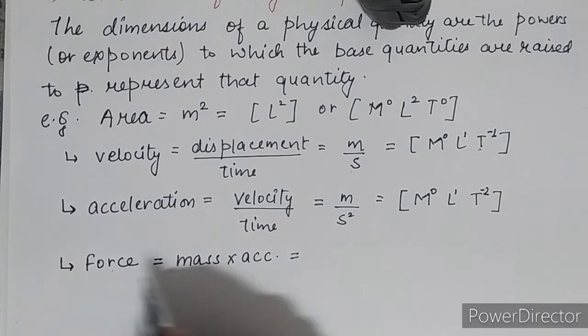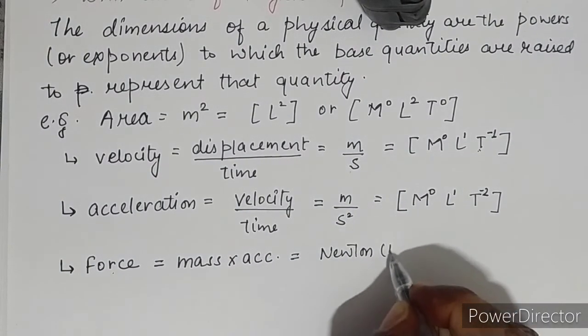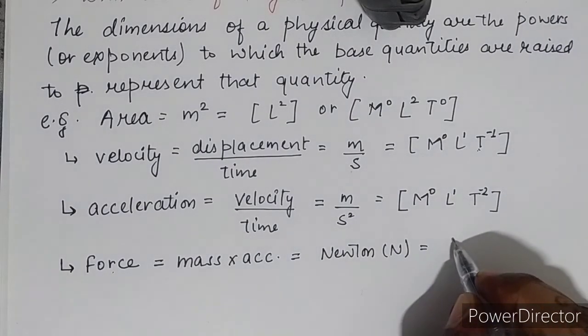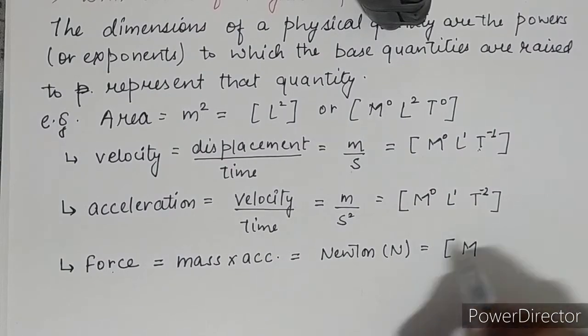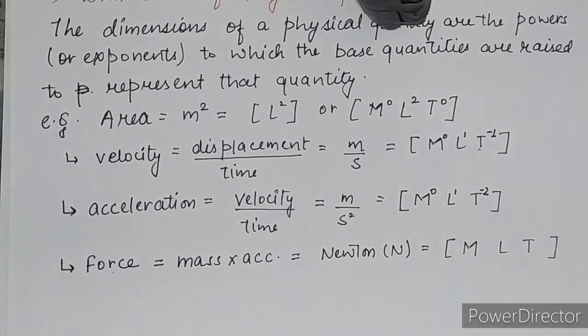Now we know that the SI unit of force is Newton, denoted by capital N. If I just tell you the SI unit Newton, you cannot write the dimensional formula with it, because for writing dimensional formula we need M, L, T, meaning kilogram, meter and second, but in Newton there is no such base unit.